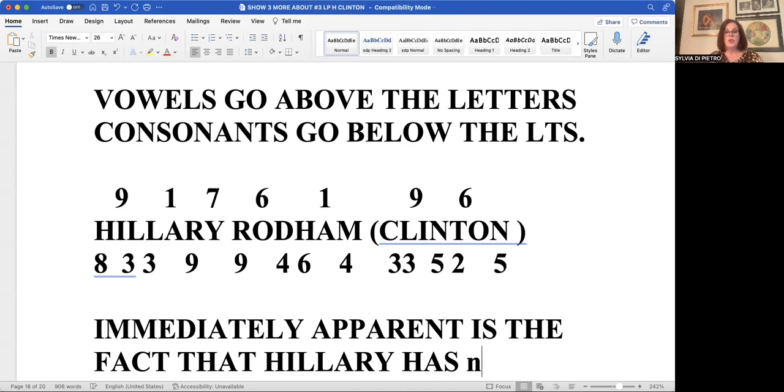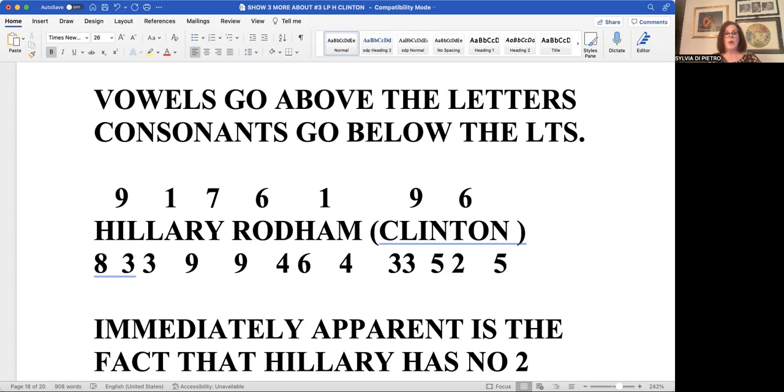She has no 2s, no 2 in her maiden name, Hilary Rodham, no 2 at all. She picks up a 2 in the T of her name in Clinton. But without the 2 in her name at birth, it means she must make up that vibration.